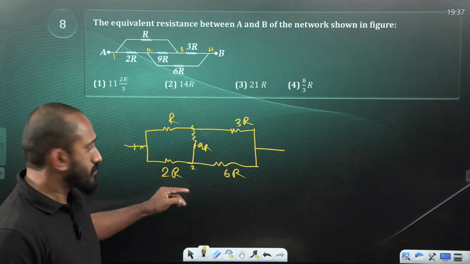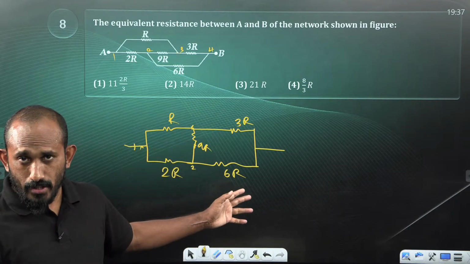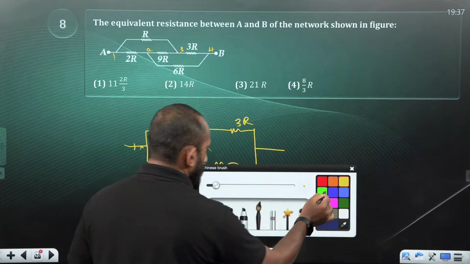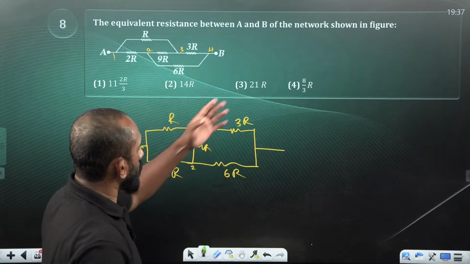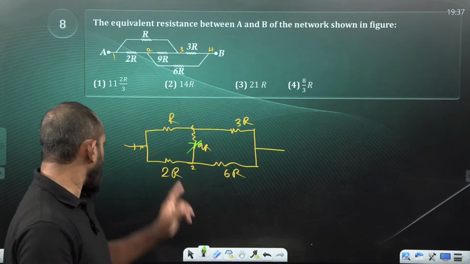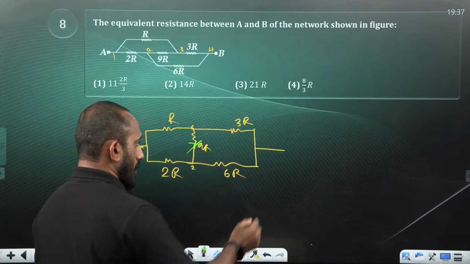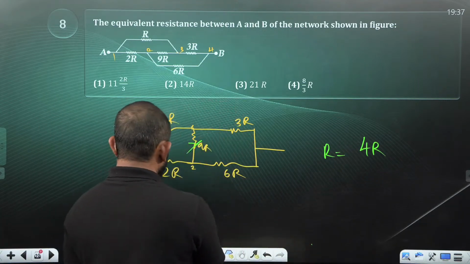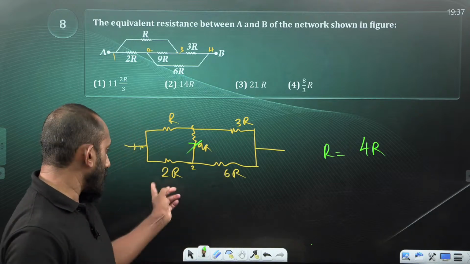R by 2R, 3R by 6R, both are in the same ratio, so it's a Wheatstone's bridge. Through 9R there is no current passing, so the equivalent resistance you have to find. Here R plus 3R are in series, so 4R it is. Then 2R plus 6R, that is 8R.